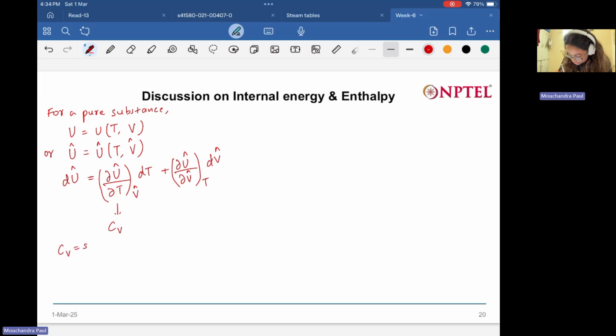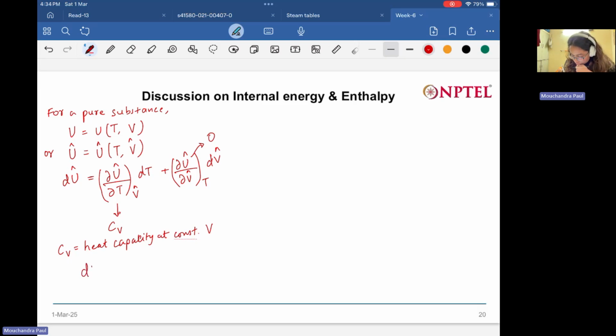CV is the specific heat, or heat capacity, at constant V. In this term, ∂u cap/∂v cap, this term is neglected and is thought to be zero.